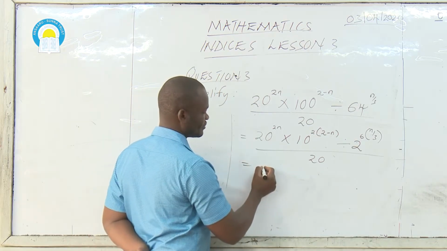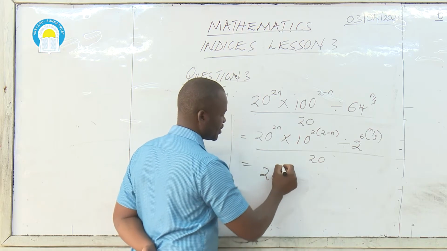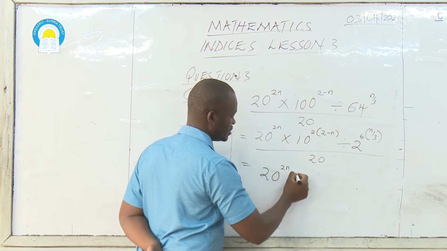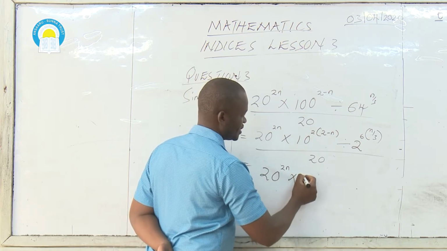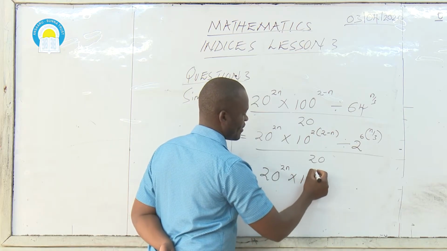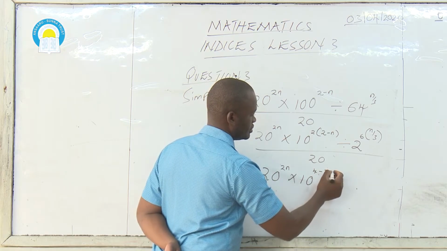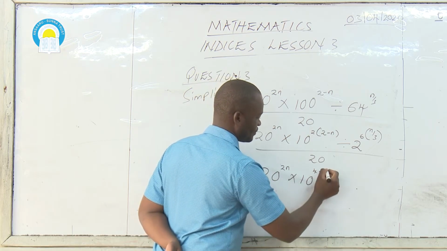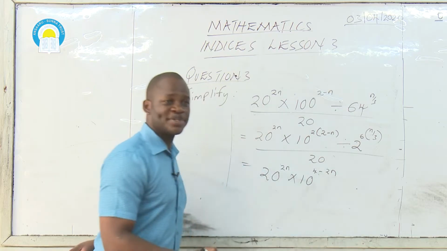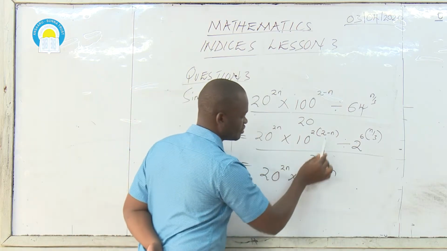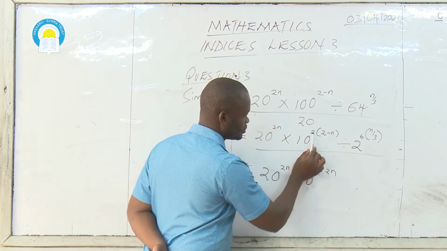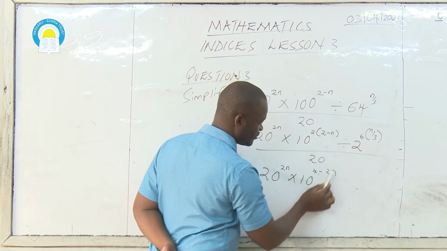This will give us 20 power 2n times 10 power 4 minus 2n. So we open the brackets here. 2 times 2 will give you 4. 2 times n will give you 2n.